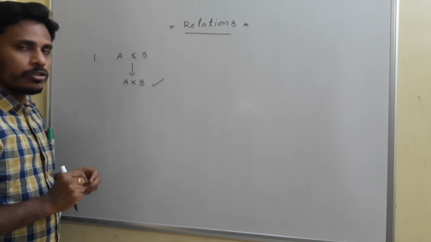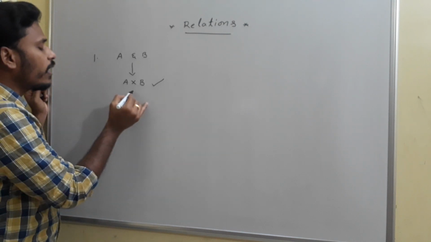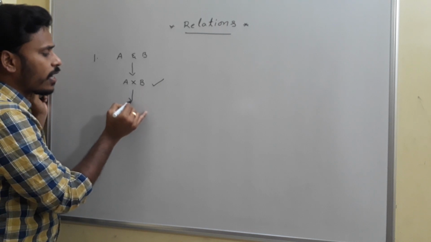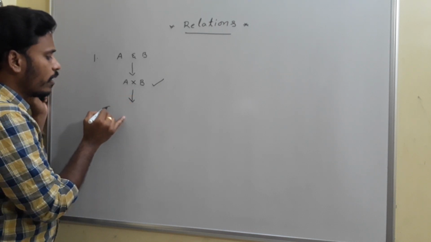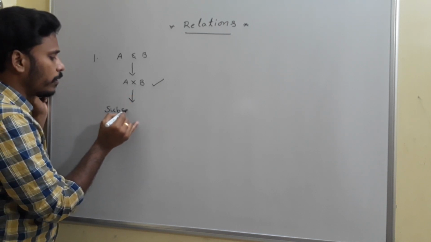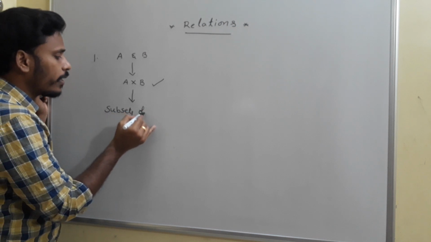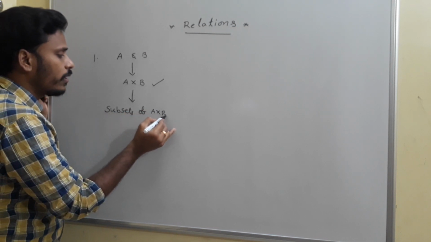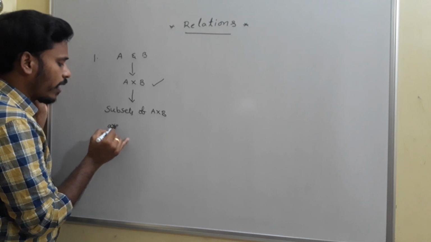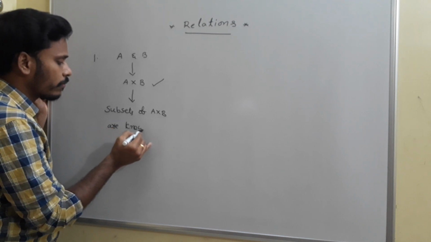Now just think about how many subsets there are for this A cross B. The subsets of A cross B are known as relations.